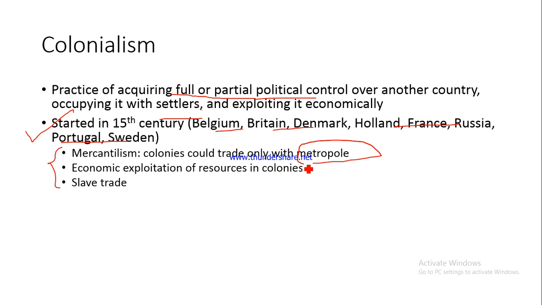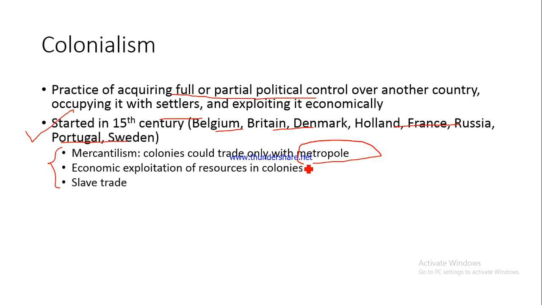If you are taking the case of India, the colony would be India and the metropole would be the colonial country. So the metropole would be the Britishers. Fine. So this example I have given you to just make you understand what metropole is.